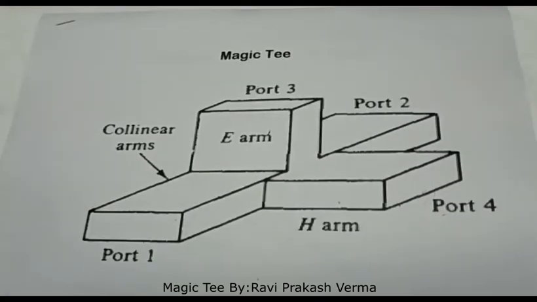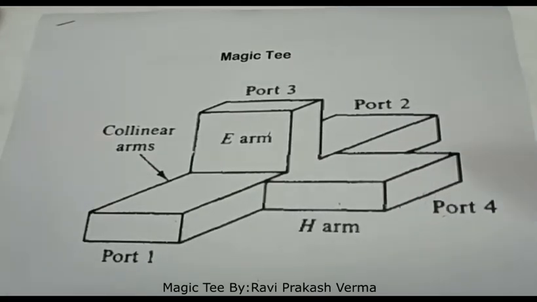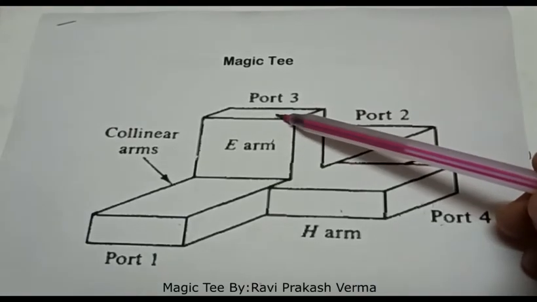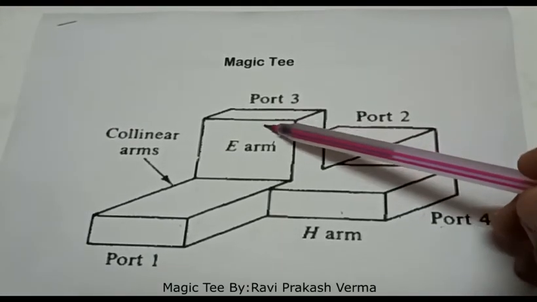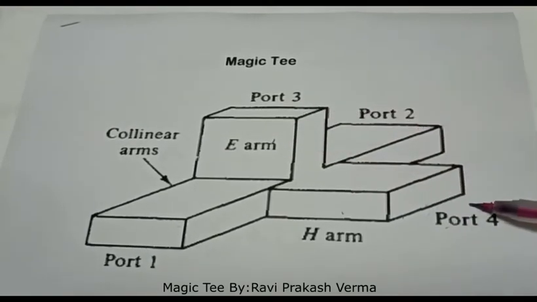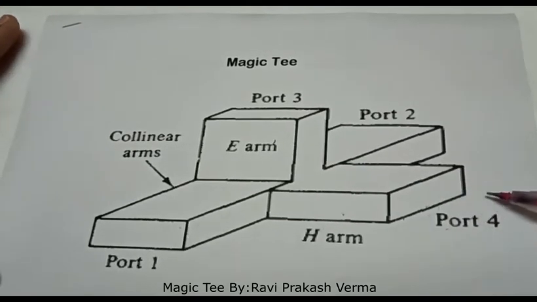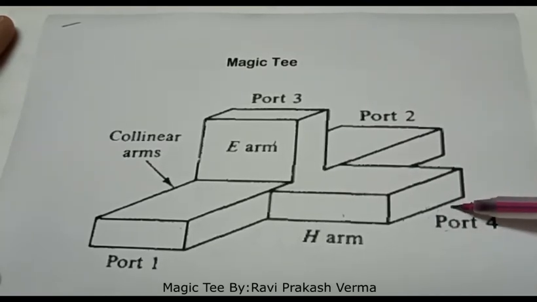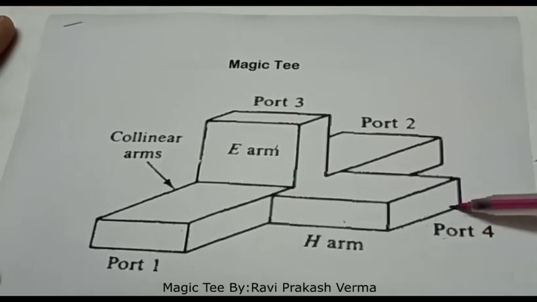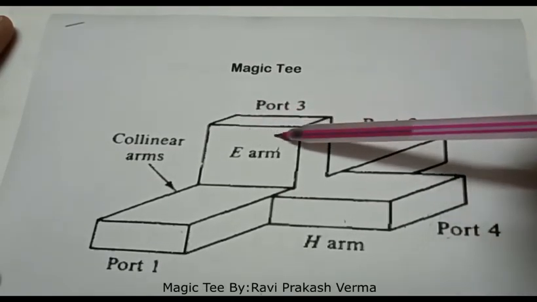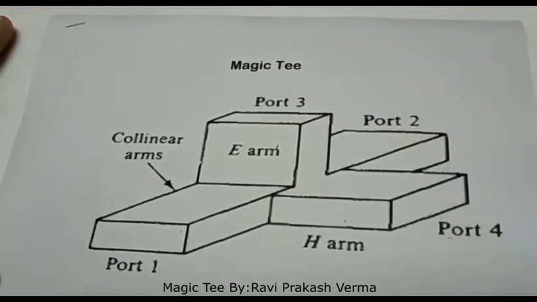From the above two conditions, we can say that if we provide an input at port 3, then we will get a 0 output at port 4. Similarly, if we feed any wave at port 4, we will get a 0 output at port 3.